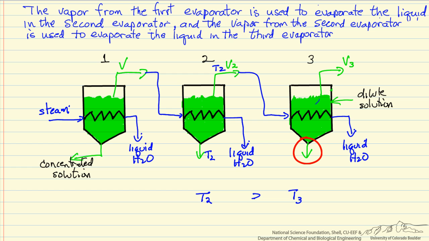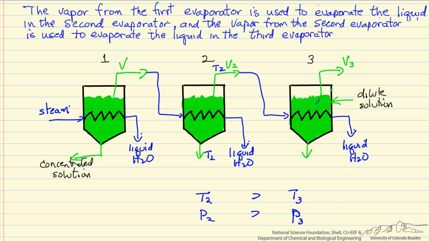If we're going to feed the liquid coming out of the third effect into the second effect, and it becomes the feed for the second effect, we actually have to raise the pressure because pressure 3 is less than pressure 2, because we're talking about saturation temperature and a corresponding pressure. And we can't feed it in without raising the pressure.